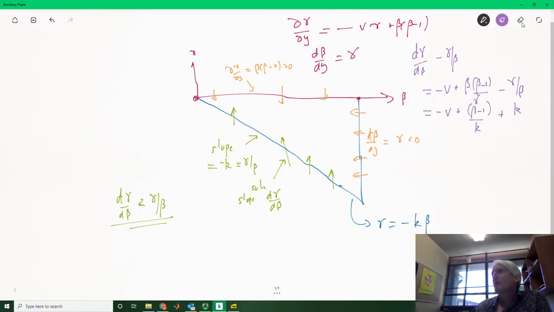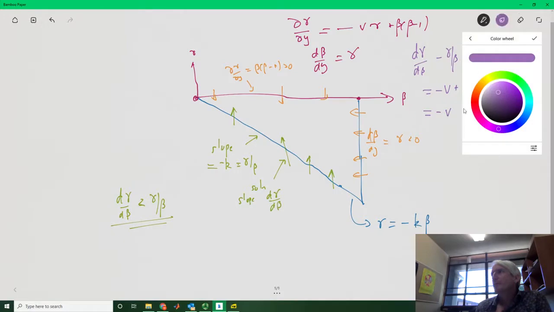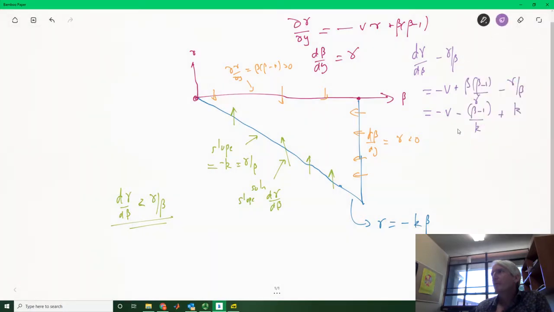And this thing here is also going to become a minus, isn't it? Because this is minus here. Alright, and then we can take out the 1 over k. So we're going to get k squared minus vk plus 1 minus β.